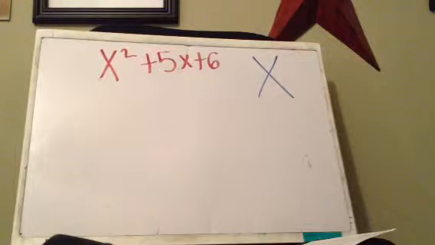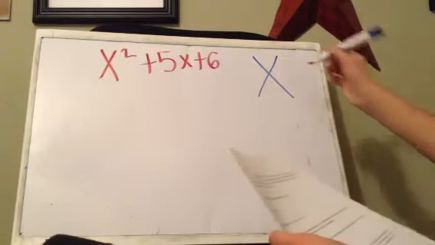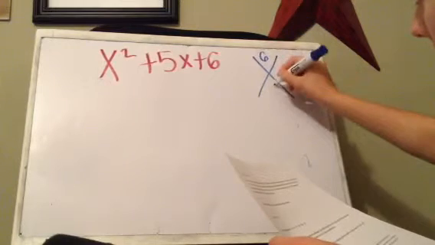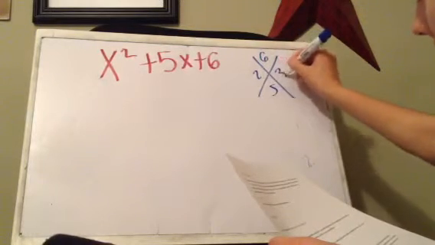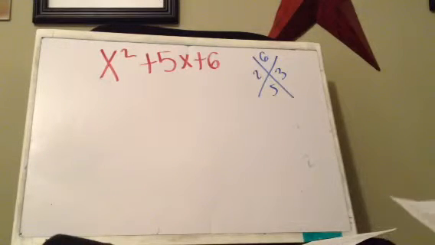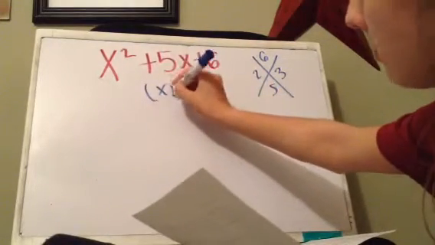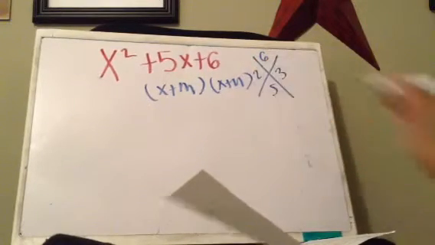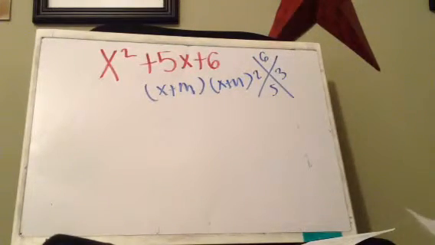So what I did quickly is I said that 2 and 3, so the factors of 6 and 5 are 2 and 3. And I know from multiplying polynomials that this quadratic is formed by multiplying two factors in the form of x plus m and x plus n, for some numbers m and n.